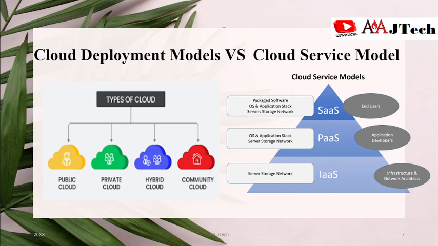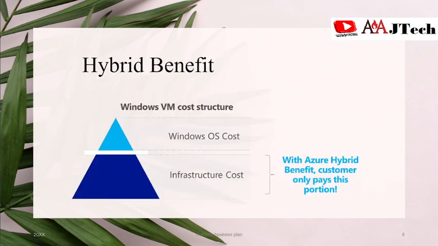Let's move to the next slide. Hybrid benefits. Guys, it's one of the important things that you should know. Let's take a scenario. What is hybrid benefit? At the beginning, I just gave you a little bit of an idea how we use the hybrid benefit.